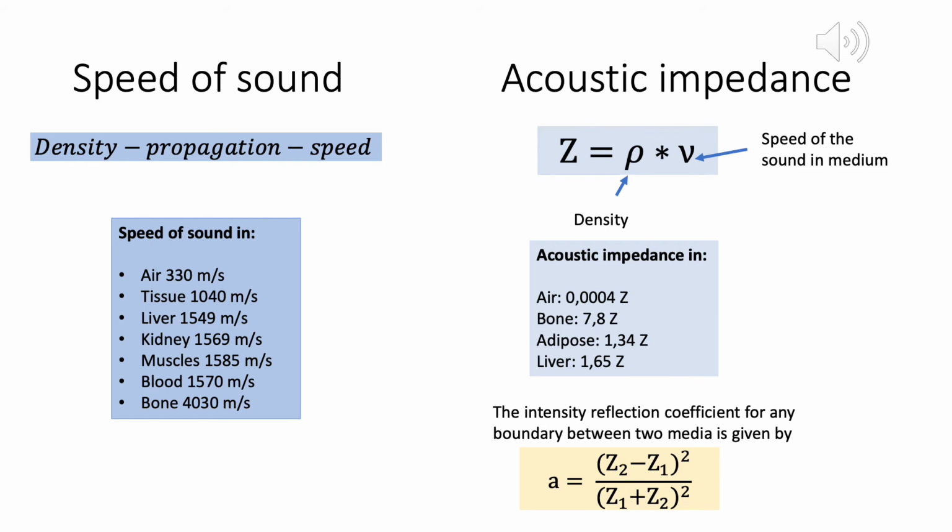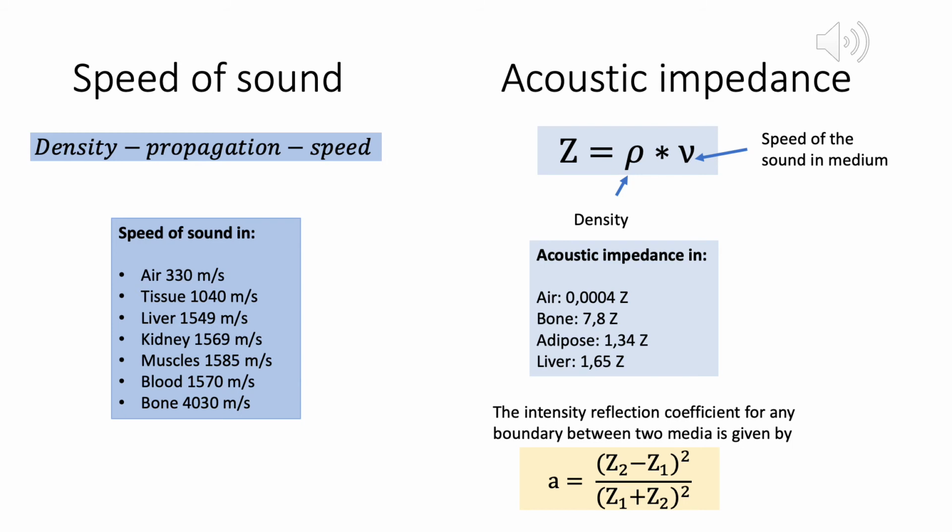In order to calculate whether or not the ultrasound will get transmitted or reflected, we can use the intensity reflection coefficient for any boundary between two media, given by this formula on the bottom, where acoustic impedance 1 and 2 are the acoustic impedances of the two media making up the boundary.